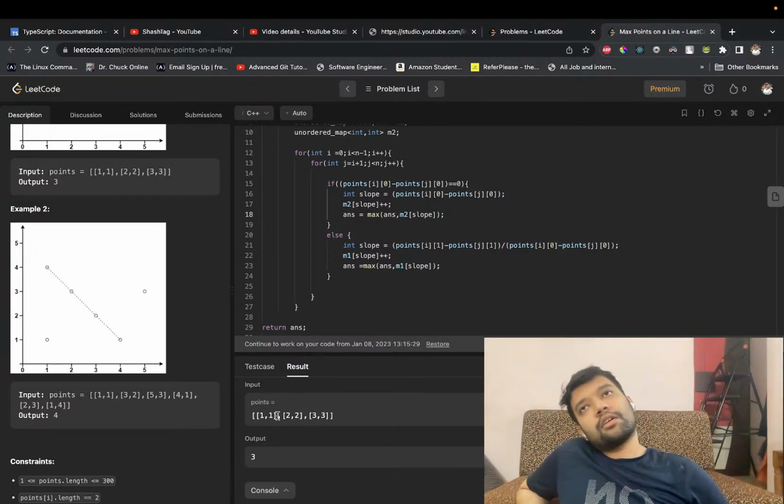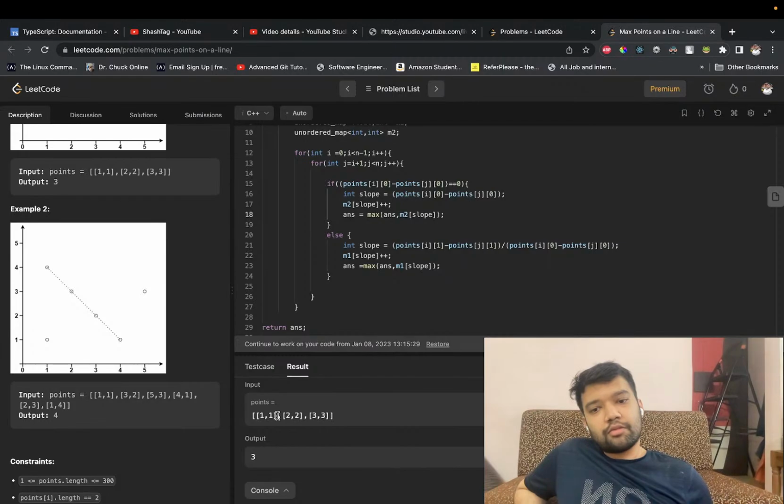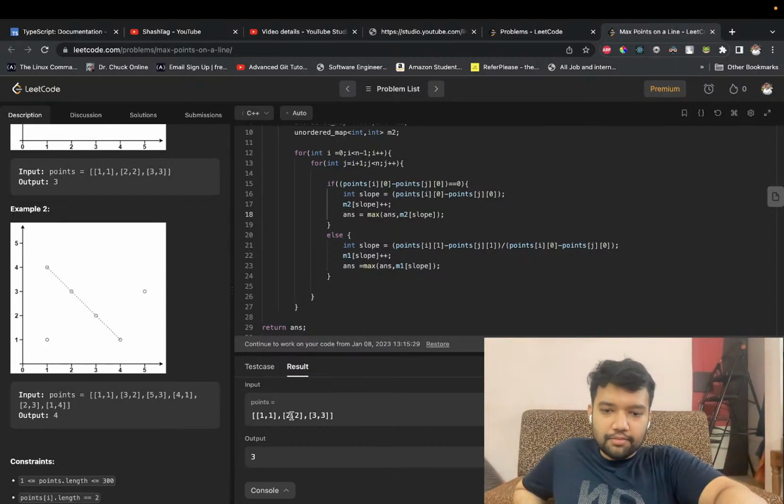So it will do all the comparisons. So that will also compare with this, and that will also be a problem because one compares with two and we get answer as two here.